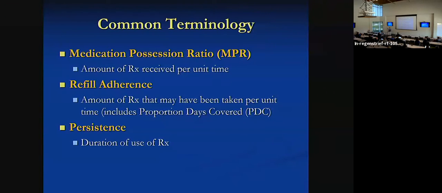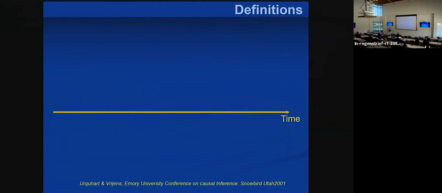And there's different ways to calculate that. One is called the proportion of days covered. That takes into consideration the starts and stops of different drugs along the course of time. And then persistence is simply the duration the drug is used. So again, we're talking about drug use over time.